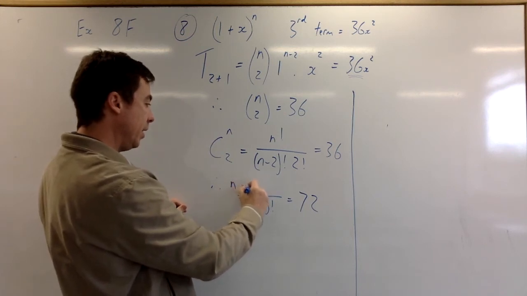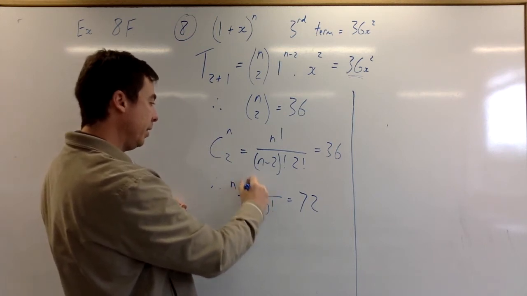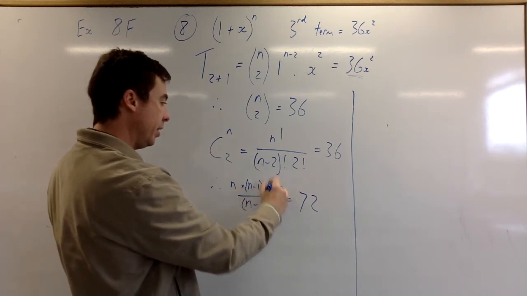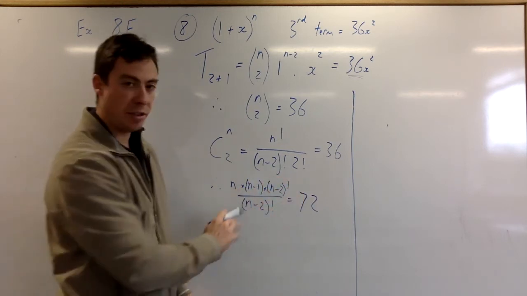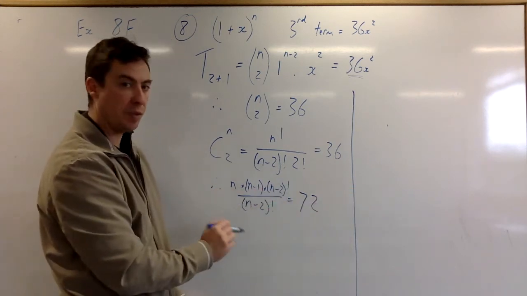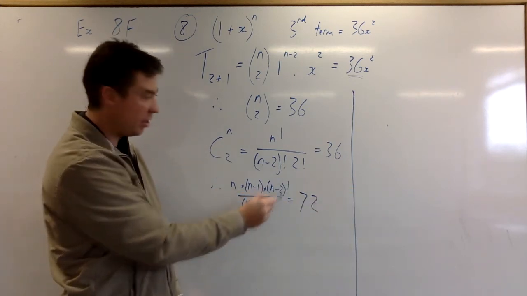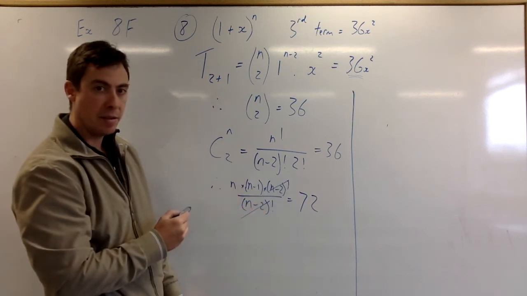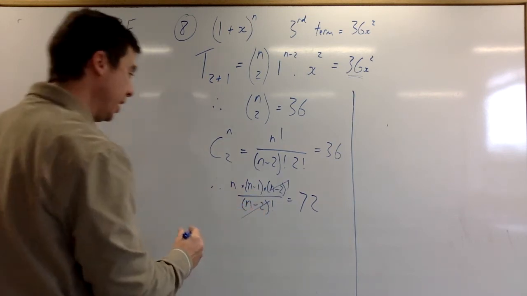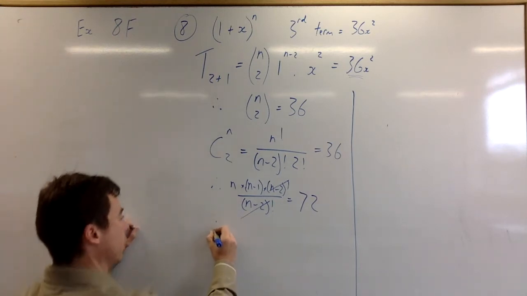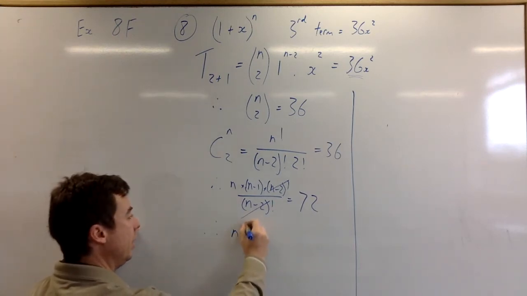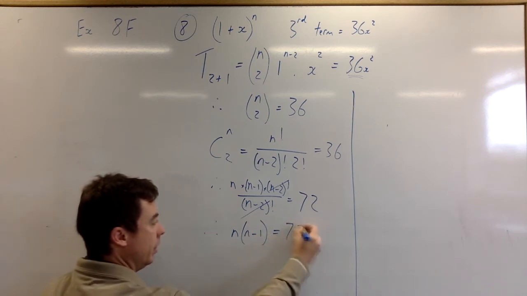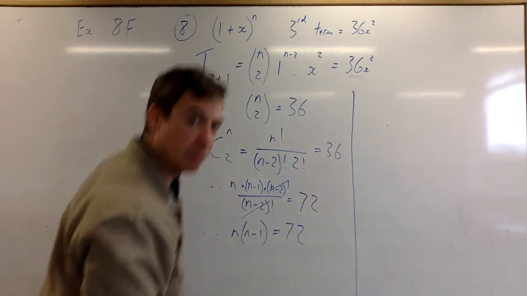N times n minus 1 times n minus 2, etc., etc., n minus 3, n minus 4, but I'm going to stop at the n minus 2 because then I can see this will cancel out with that. Right? So what's going to happen is n times n minus 1 has to equal 72.